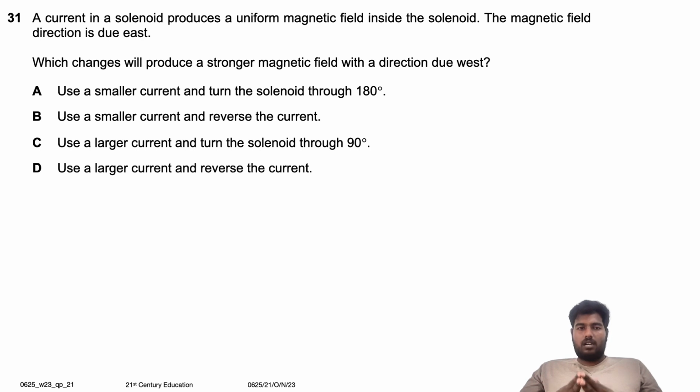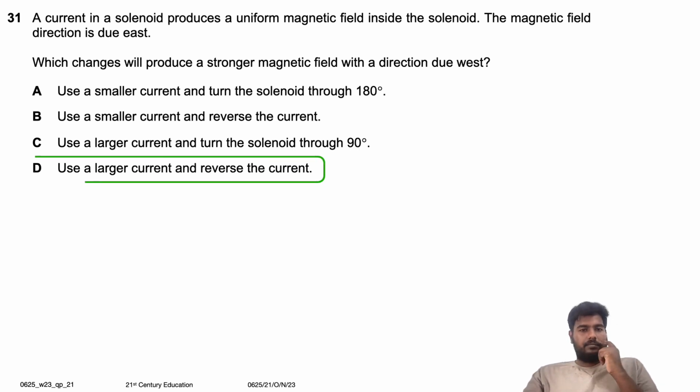So we have to use a larger current, and current in the opposite direction, meaning the reverse current. Even if you just turn the solenoid around, it will not make any difference because it's just copper, and the direction of current will not change. So we have to use a larger current and reverse the current. So D is the right answer.